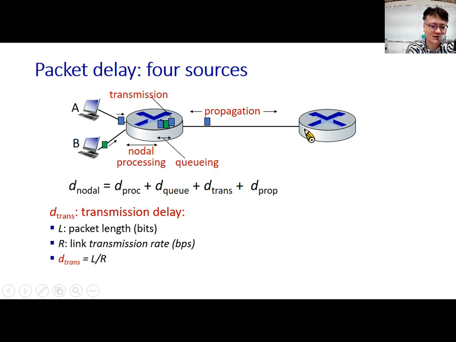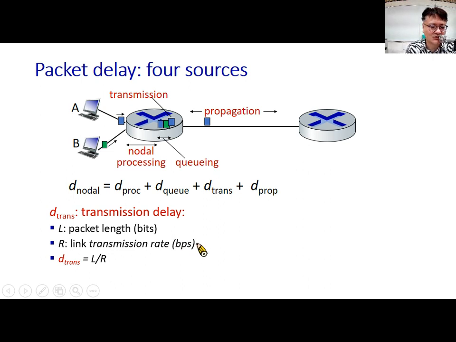So it's based on L, the packet length, and the transmission rate. We have to consider the size of the packet in bits, and also the link transmission rate in bits per second.